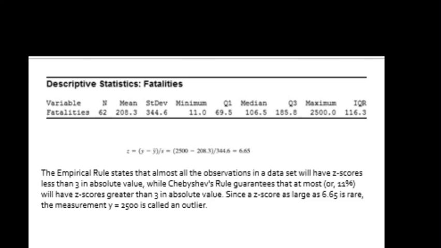In this case, the z-score is 6.65, which is really large and which indicates that 2500 is an outlier. It's an extreme observation, and most of the observations will be within 3 standard deviations, or the z-score will be between -3 and 3. So this is an outlier.